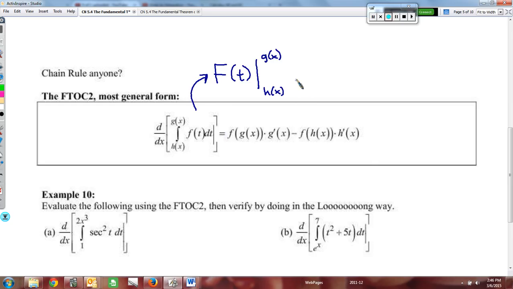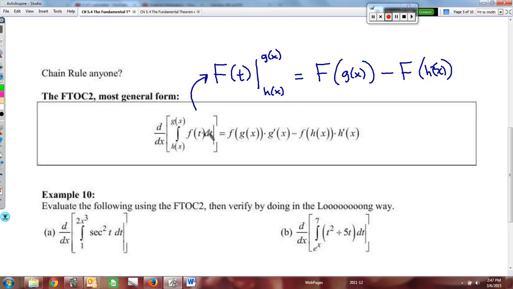So what this is going to give us, by the net change fundamental theorem of calculus part 1, is our antiderivative, where we plug in g of x, and then subtract plugging in h of x.